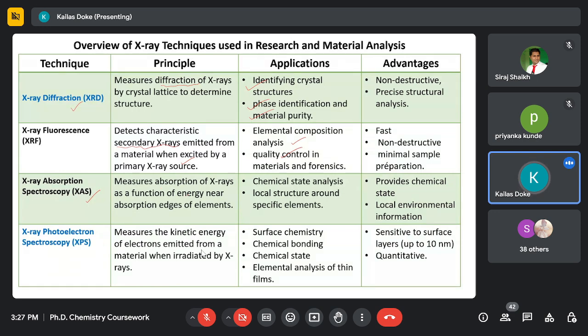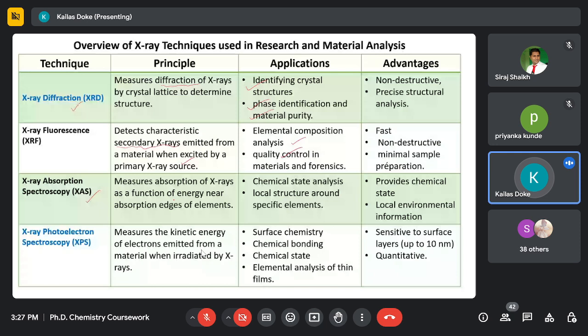It measures the absorption of X-rays as a function of energy at different edges of the elements, which is useful for chemical state identification and local structure identification, and it has a lot of advantages in research and material analysis.